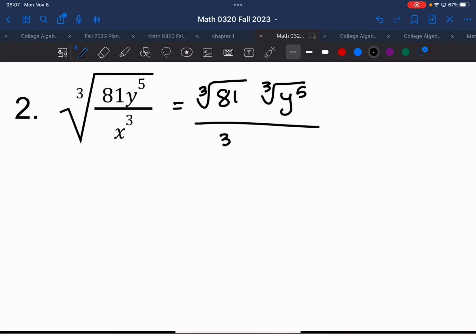And we can give the cube root to x cubed. So all I'm doing is giving each of these terms their own radical. Makes it easier to simplify. How would we simplify the cube root of 81? We would use what?